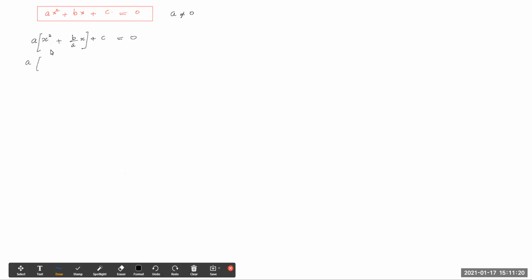Remember the beginning of a square, so I have x square plus 2 times alpha x plus alpha square, so I will put b over 2a square minus b over 2a square, plus c equal 0.